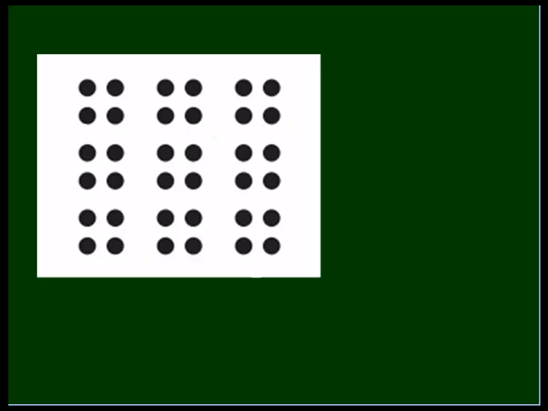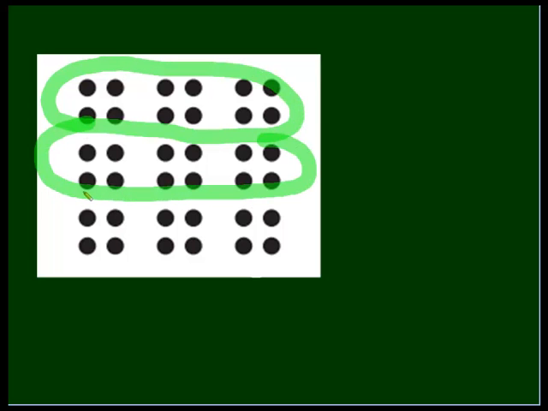We could take the groups of 12 and we could say, well, within each of those groups of 12 there's actually 2 rows of 6.